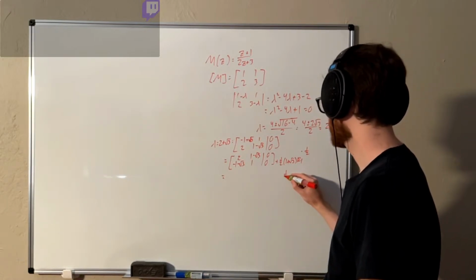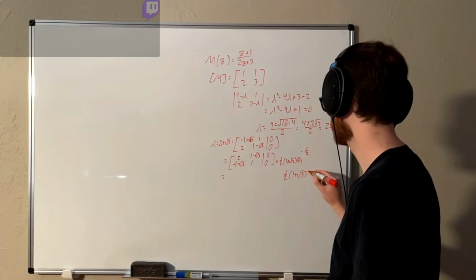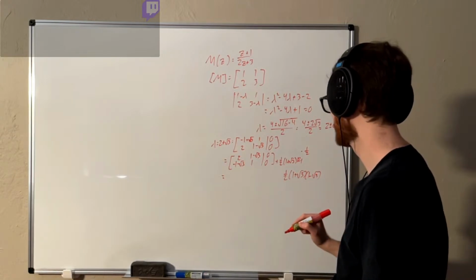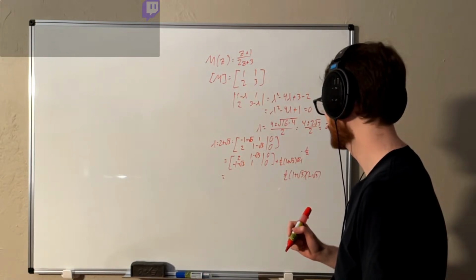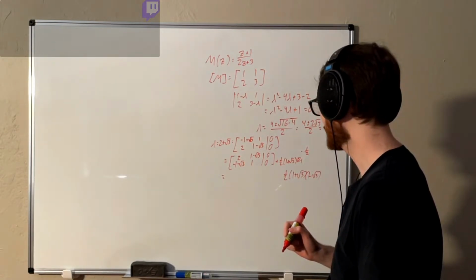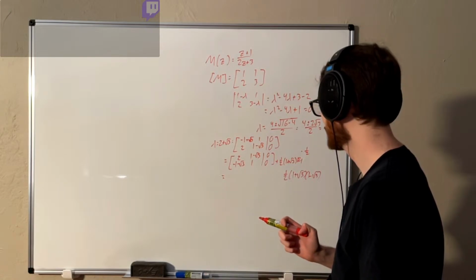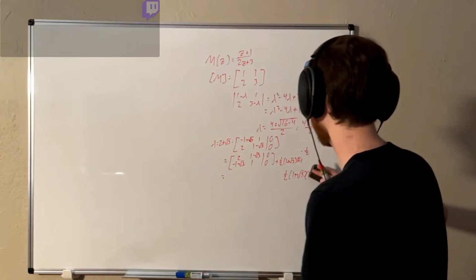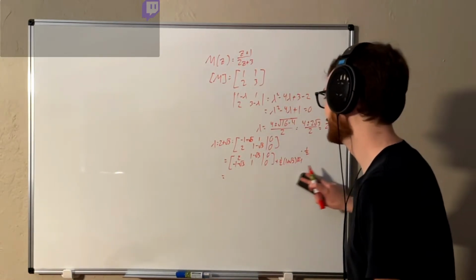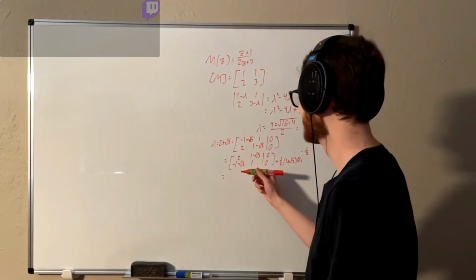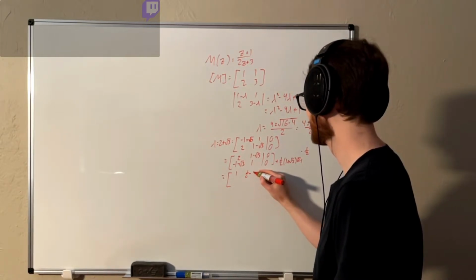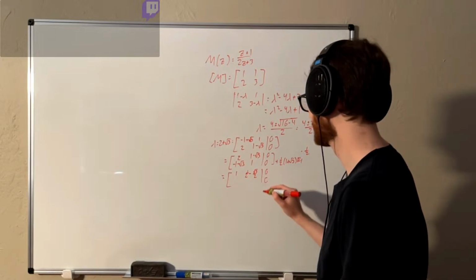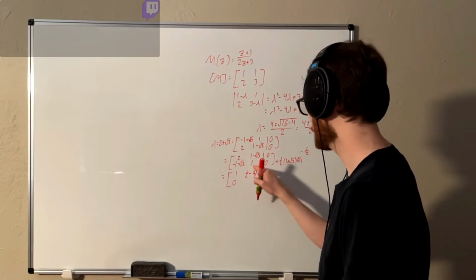So what's happening here? The radical still goes away here, doesn't it? What am I doing wrong? Oh, I'm adding it. I'm not multiplying it. Oh my god. That's the problem. So that's 1.